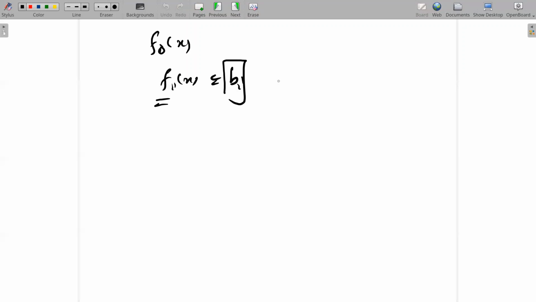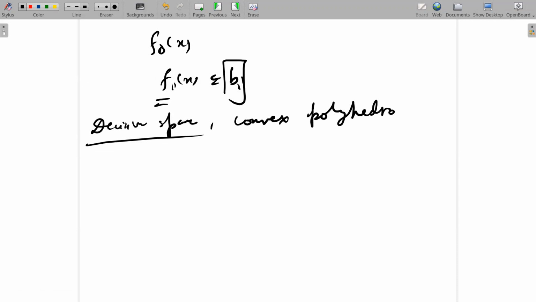Okay. So here, the decision space is a convex polyhedron. Actually, this word polyhedron is so overused, it's never even clear what it exactly means. But what we will mean is a connected, possibly unbounded set. For example, half spaces for us will be polyhedra.